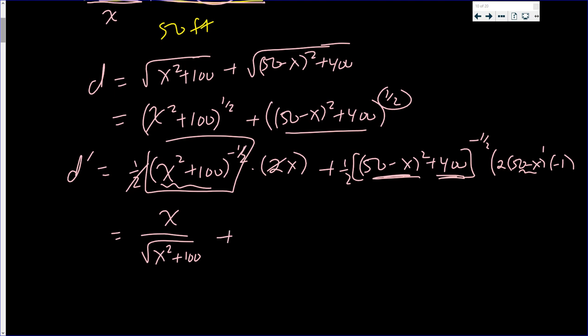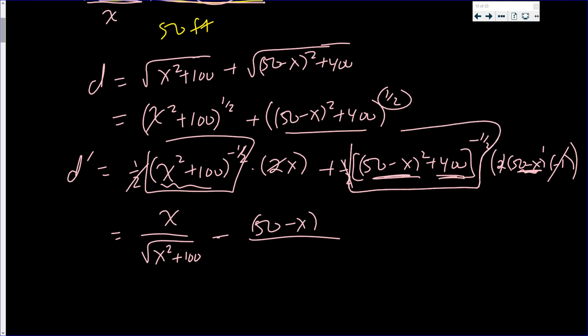Plus, actually minus. It's minus because of that negative 1. Okay. Now, this half kills off that 2. So what we have left is the 50 minus x in the top, and this piece goes to the bottom as a square root because we have a negative half power. So it's the square root of (50 minus x) squared plus 400.